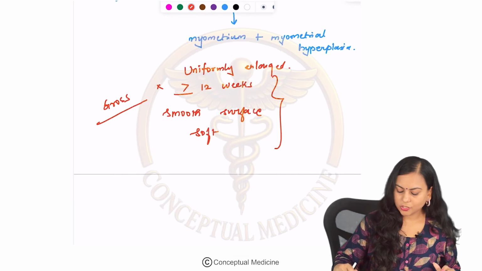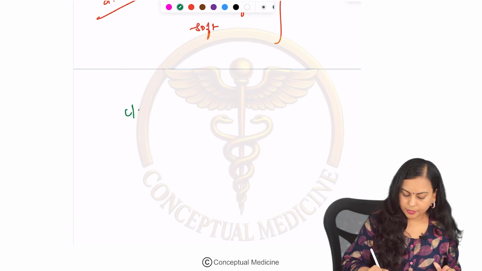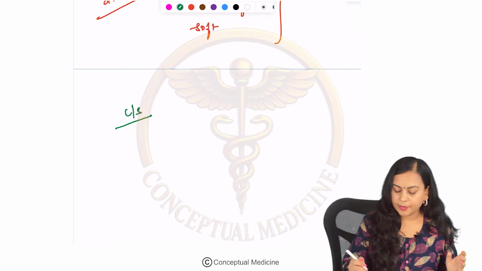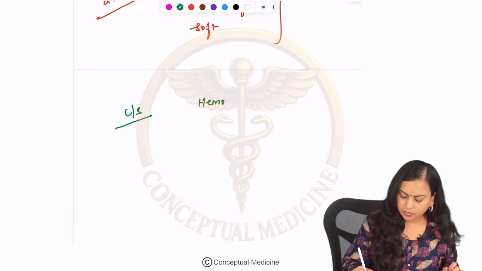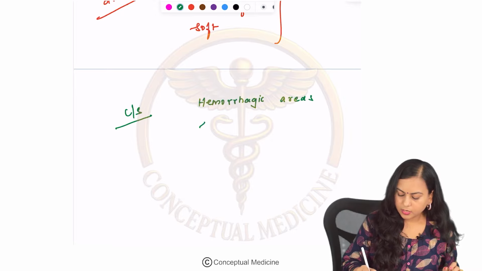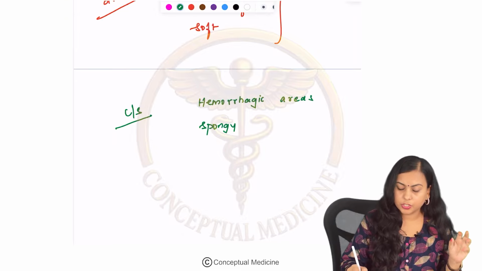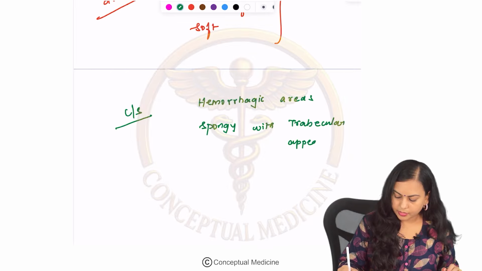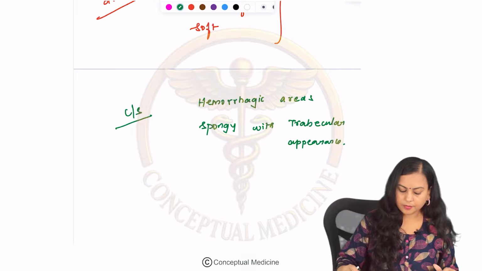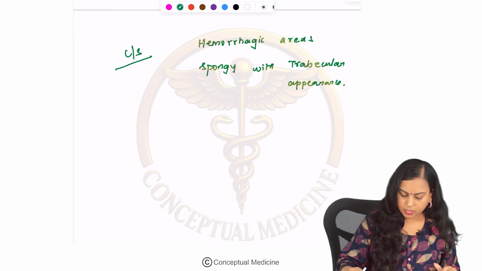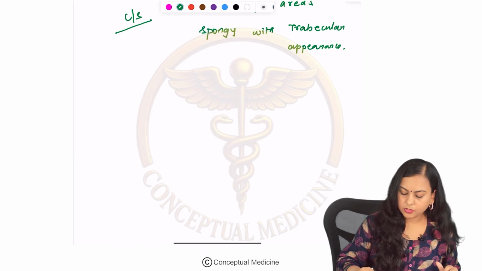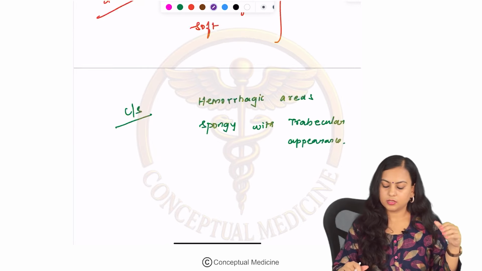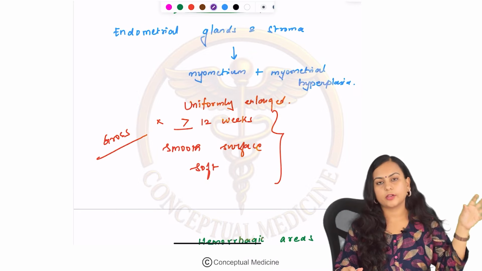And on cut section, you will be able to see some hemorrhagic areas sometimes. Then it will look somewhat spongy with trabecular appearance.